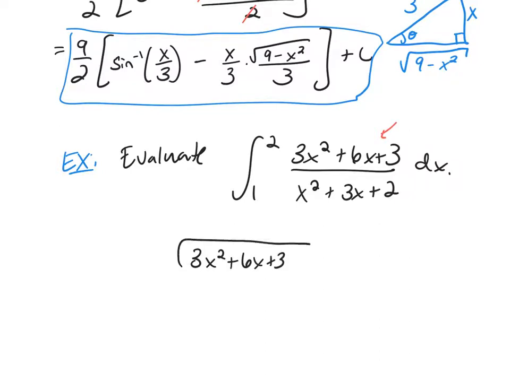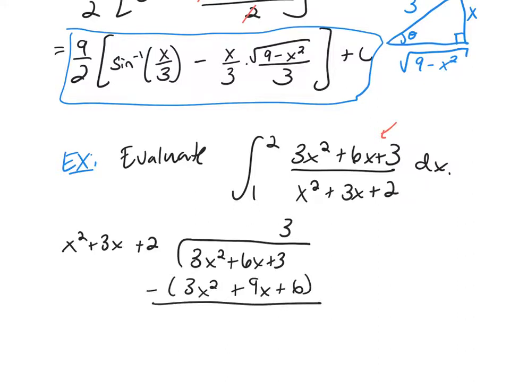So let's go ahead and divide. I have to multiply x squared by 3 to get 3x squared. You'll get 9x and 6. And then we're going to subtract these, so you'll end up with a negative 3x and a minus 3.